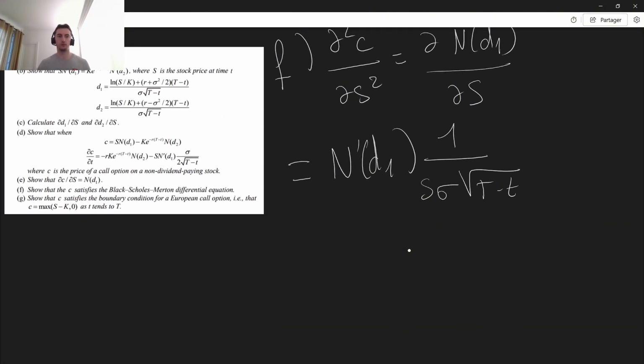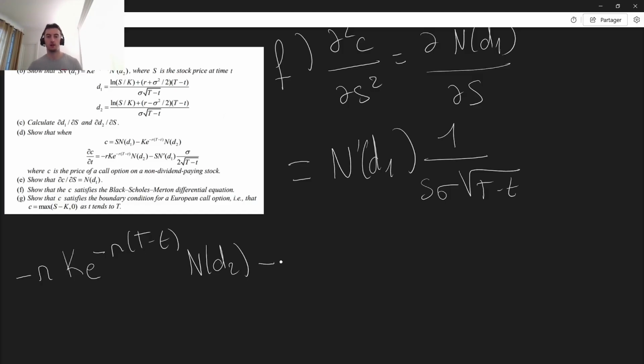Now the other terms: the derivative with respect to t, we have it, and the derivative with respect to S, we have it. So now we replace everything. We write the Black-Scholes equation. The derivative of C with respect to t, we have this term from question D, sigma divided by 2 square root of T minus t.